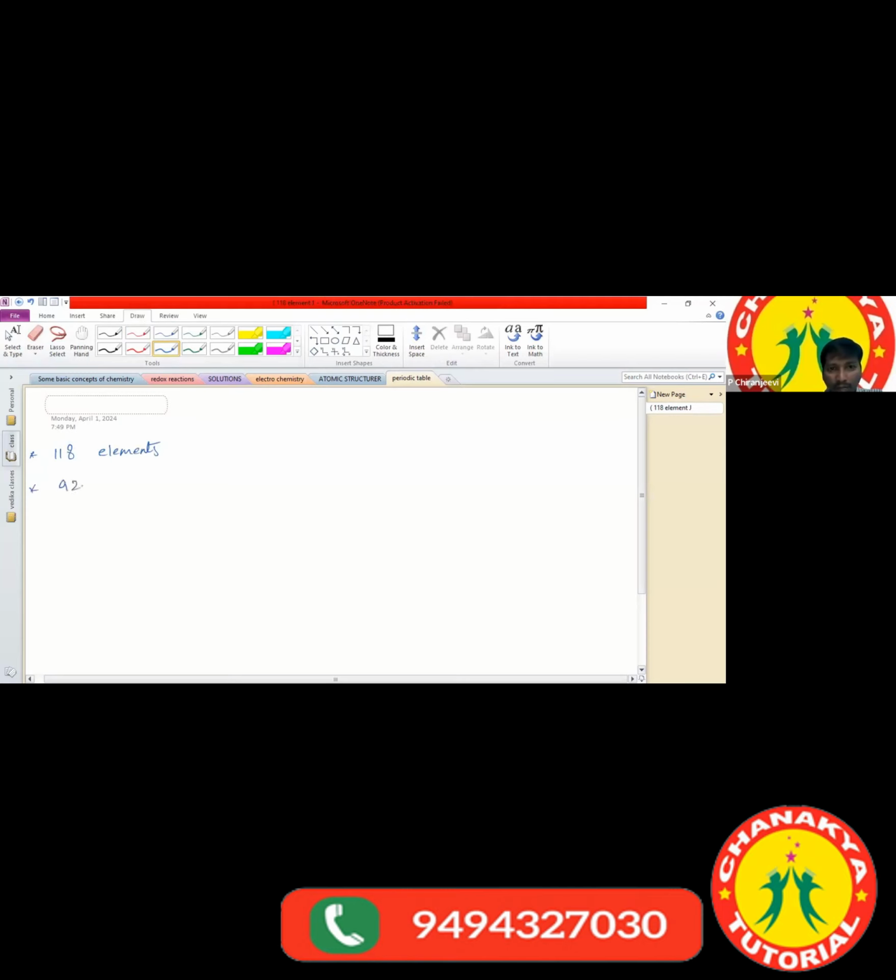Up to atomic number 92, they are called naturally occurring elements. After atomic number 92, that is 93 to 118, all those elements we call transuranic elements.